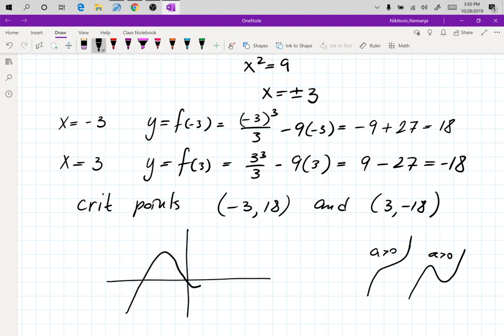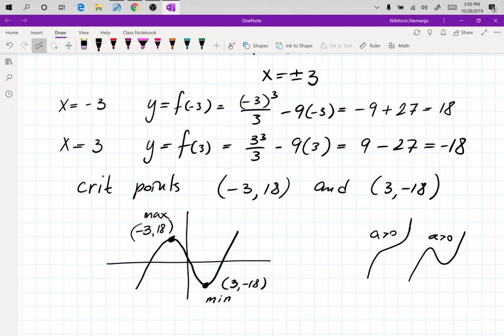So it will look like this. Oops, terrible. It's too deep. There we go. And this value here is the negative 3, 18. And this value here is positive 3, negative 18. So we see that this one is a min and this one is a max.